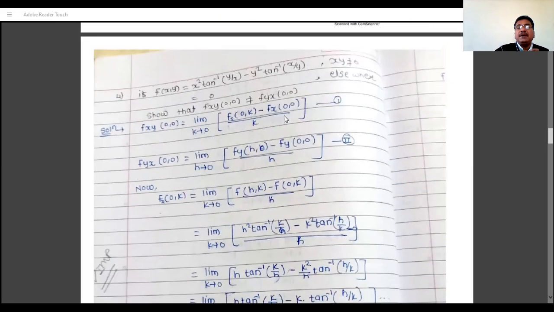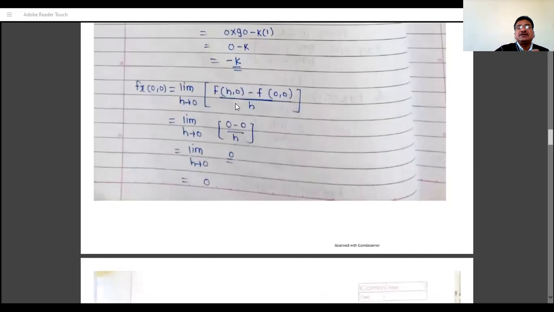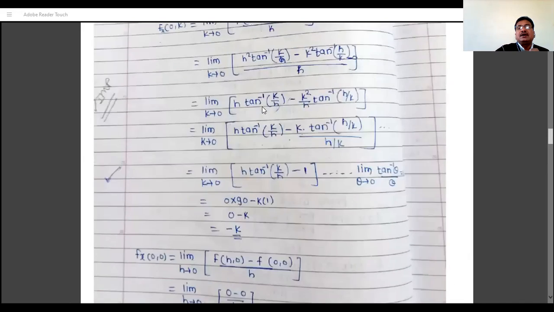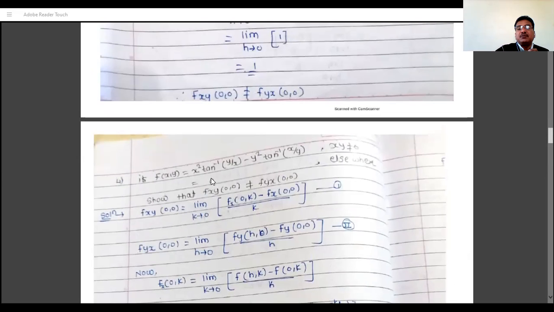Then the value of fx 0 0. So limit h tends to 0, f of h 0 minus f of 0 0 divided by h. What is the definition? Fx ab is limit h tends to 0, f of a plus h, a is 0, so 0 plus h, then b is 0, minus f of ab, both a and b are 0, divided by h. So f of h 0, directly write f of h 0 is 0, because what is the definition? fxy is 0 elsewhere, meaning x into y is 0.